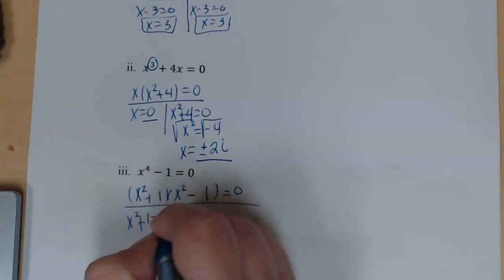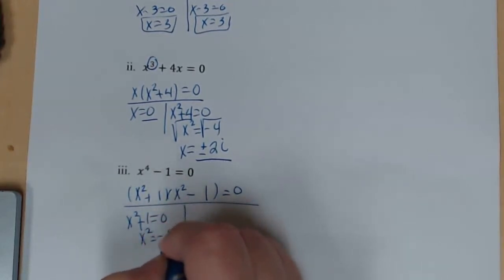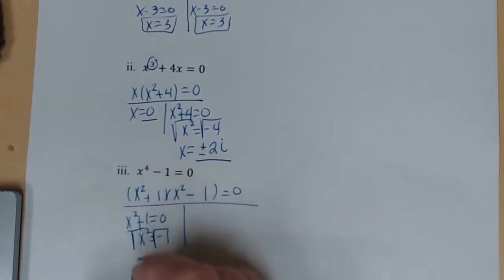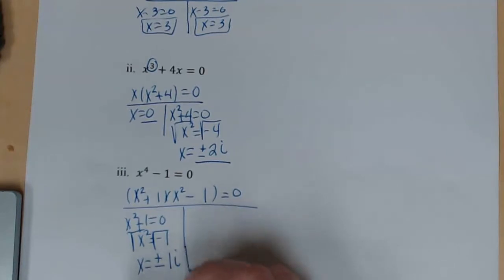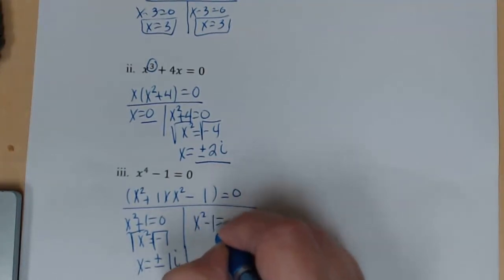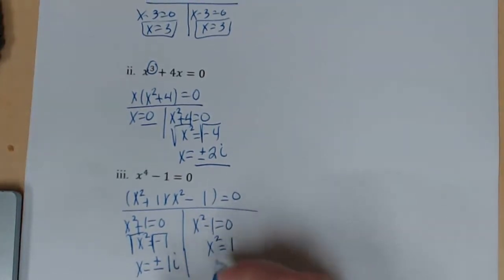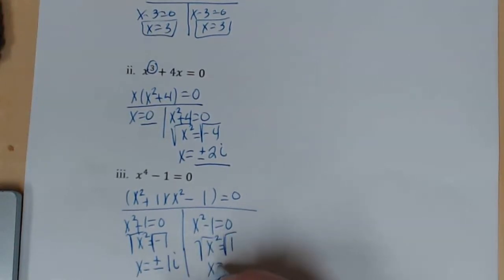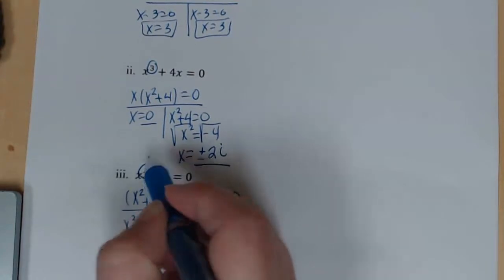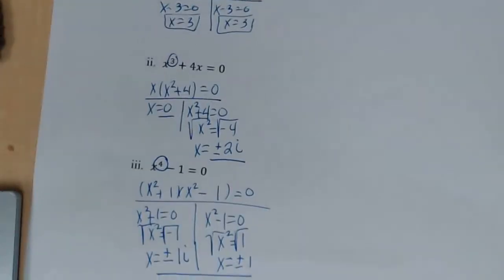X squared plus 1 equals 0, so I get x squared equal to negative 1. Square root both sides, so x is equal to plus or minus i. That negative gives you i. Solve this one. X squared minus 1 equals 0, so I get x squared equal to 1. Square root both sides, and you get x equal plus or minus 1. So again, degree 4 gives me 4 zeros.